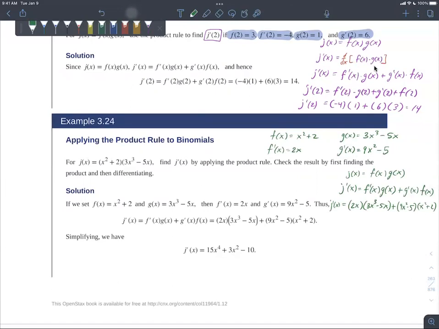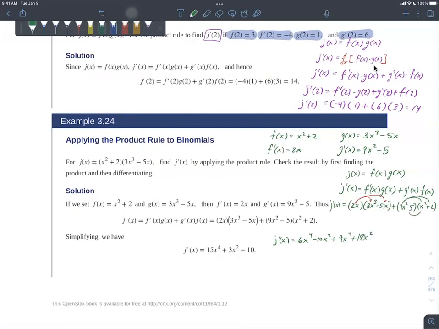Now, if we multiply it here, let's multiply some of this stuff out, and we'll distribute the 2x. And then we will distribute the other terms as well. So we can also write j prime of x as, I'm going to distribute the 2x and get 6x to the 4th minus 10x squared, plus, then I'll distribute here, 9x squared times x squared is 9x to the 4th. 9x squared times a positive 2 is positive 18x squared.